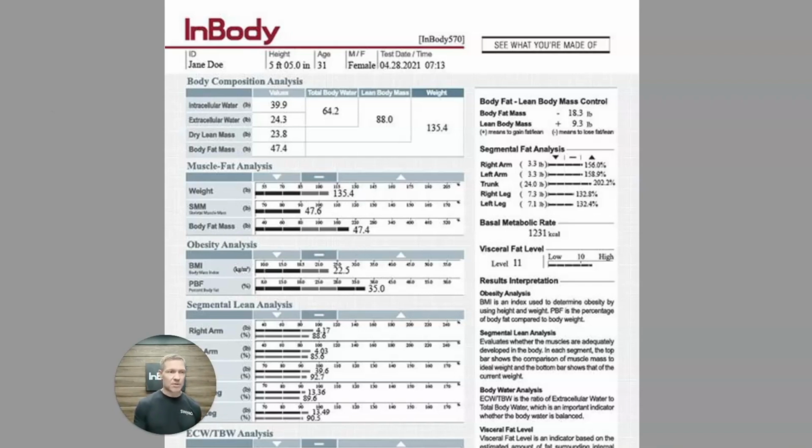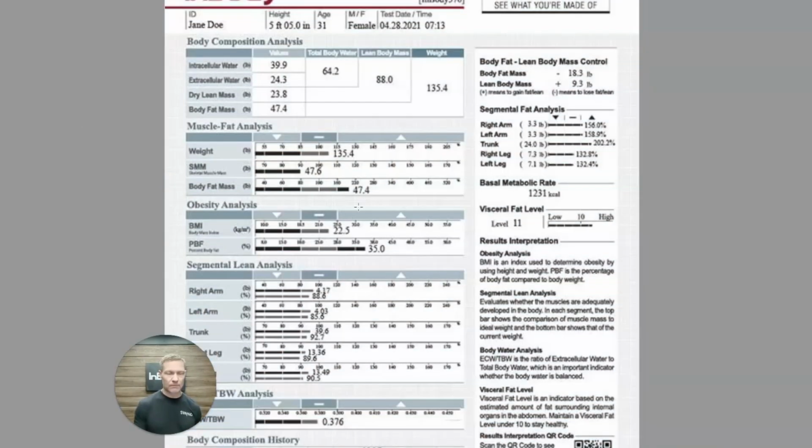Okay, let's move on to the obesity analysis here. We don't ever look at BMI. BMI just says for every inch we are tall, we're supposed to weigh a certain amount. Old school, used in the military, medical space, insurance worlds, we get it, but we're going to focus on percent body fat. So again, anything in this gray area is kind of that healthy range.